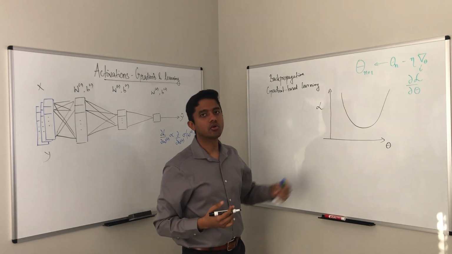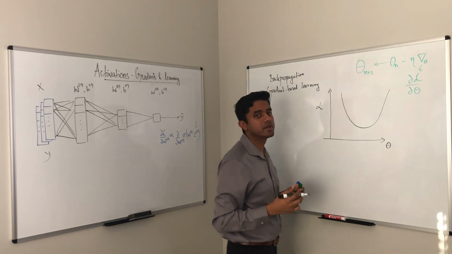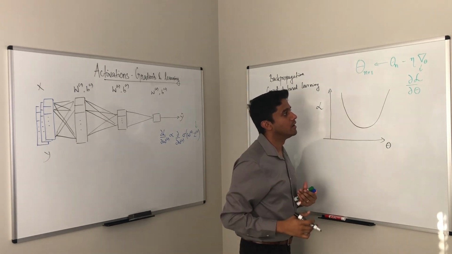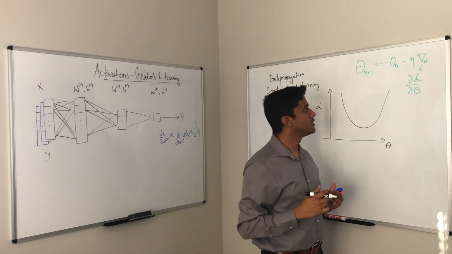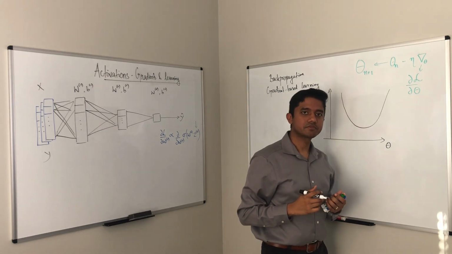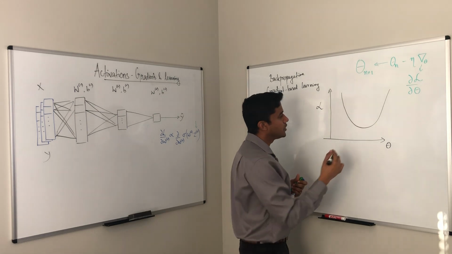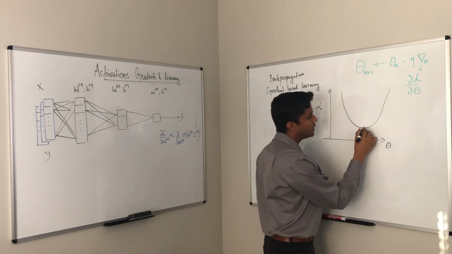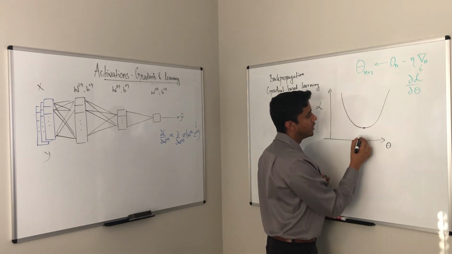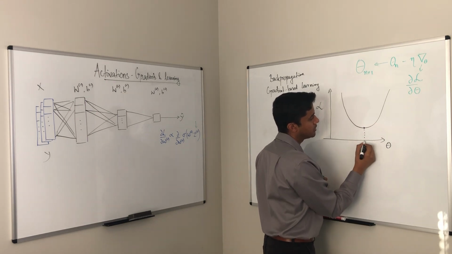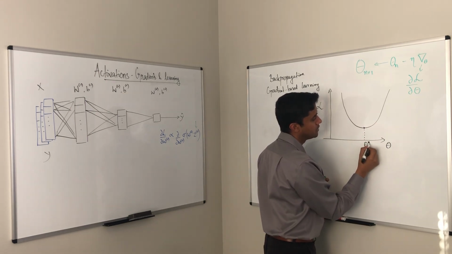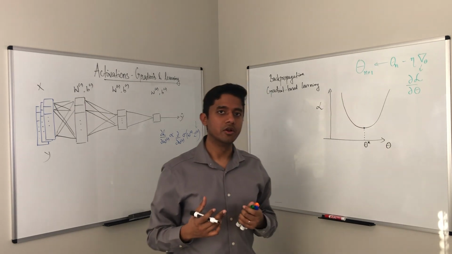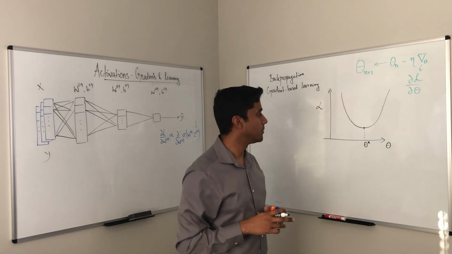Say it's a simple convex loss function, meaning it has a shape like this. It does not have local minima. So in this loss function, we want to get to its lowest point. And the lowest point is, suppose at theta star, meaning theta star is my global solution, my best, optimal solution.